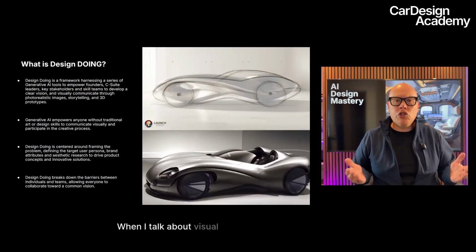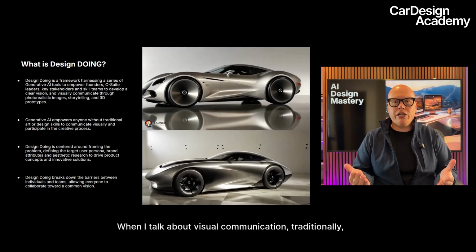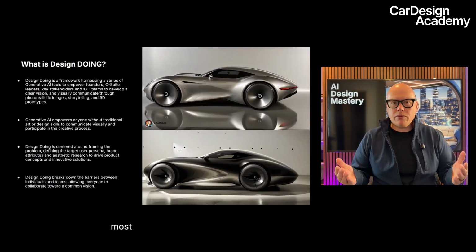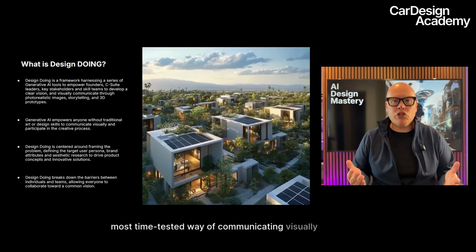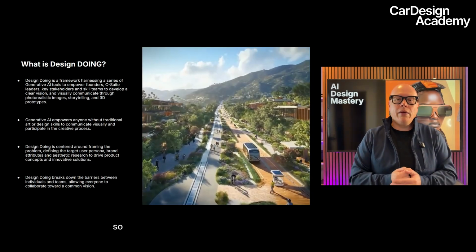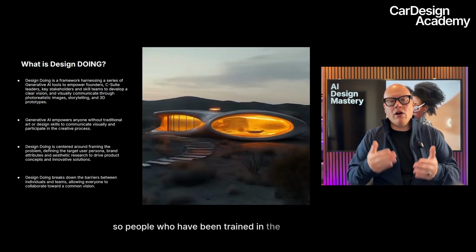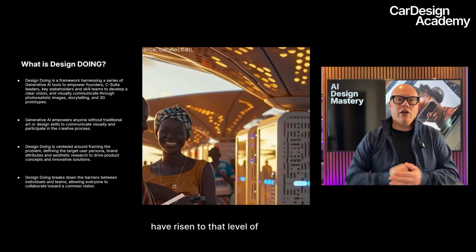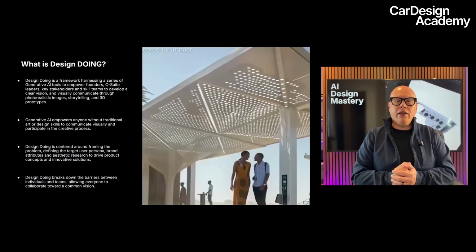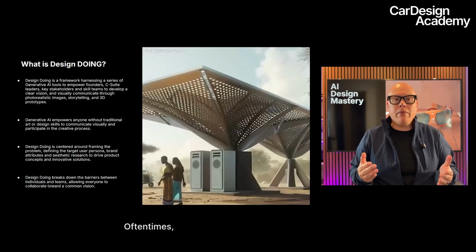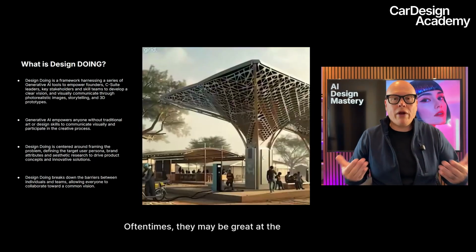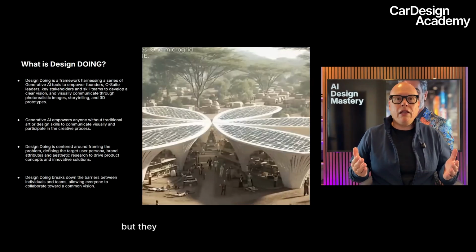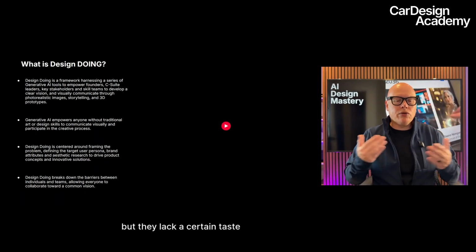When I talk about visual communication, traditionally, the most time-tested way of communicating visually is drawing. And so people who have been trained in the arts and in drawing have risen to that level of creative leader when oftentimes they may be great at the craft of drawing, but they lack a certain taste or a certain vision.